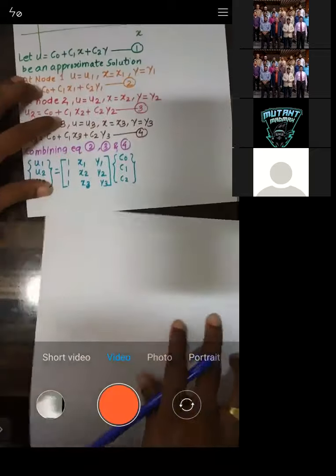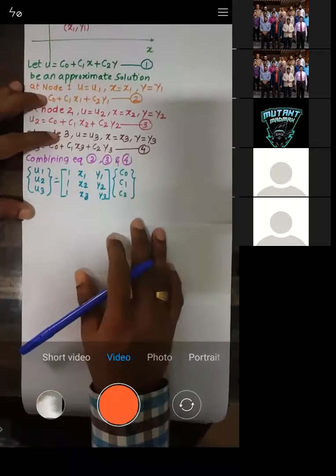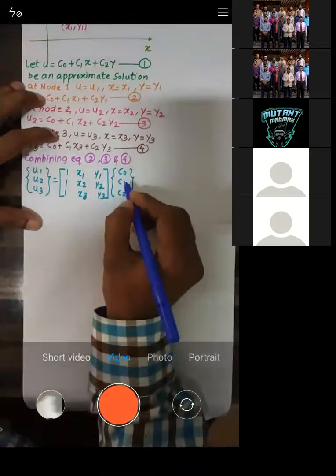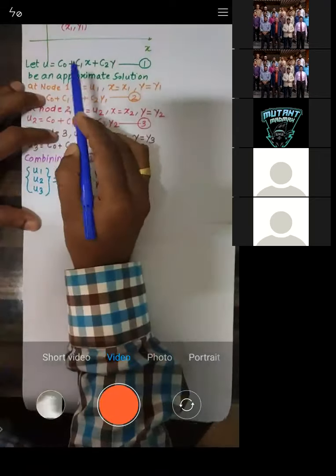Now we are interested in which values? As I told you before, we want C0, C1, and C2.